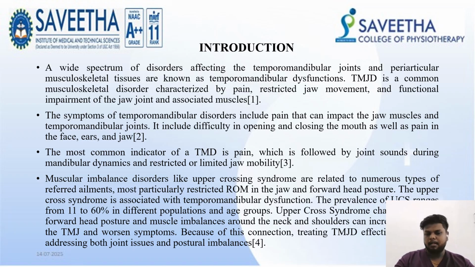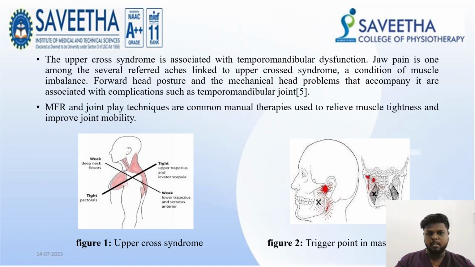So because of this connection, we are going to see how this upper cross syndrome will affect the TMJ joint, both musculoskeletally in the joint and the muscle. Next. The upper cross syndrome is mostly associated with temporomandibular dysfunction.